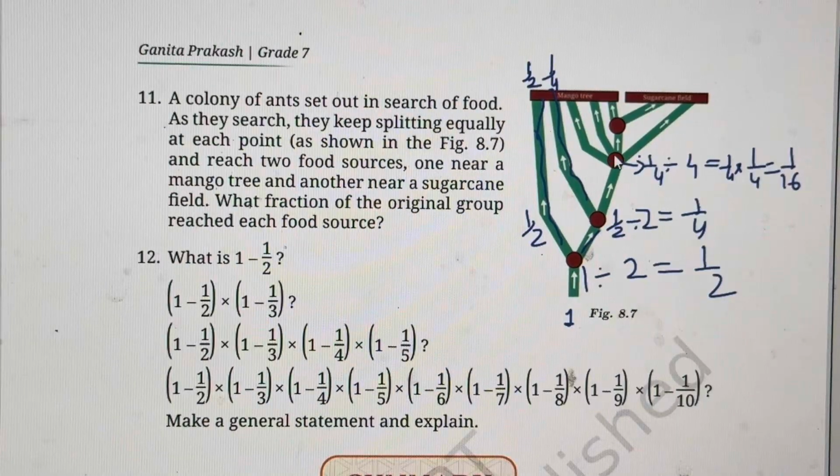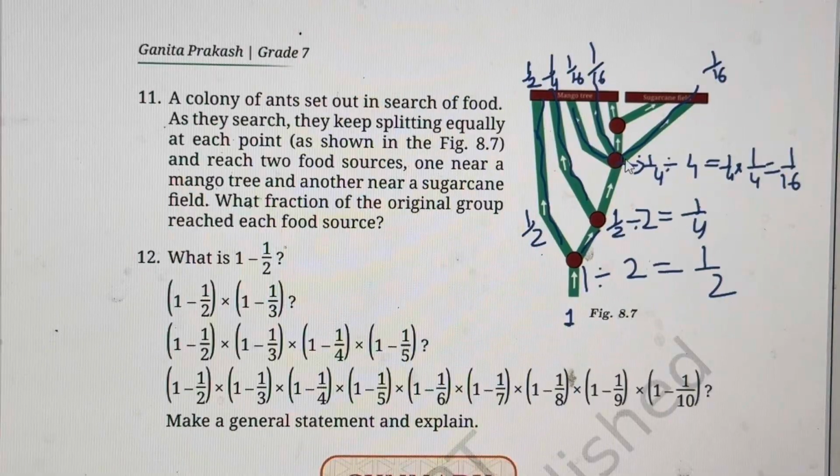So from here 1 upon 16, so this was 1/4. From here 1 upon 16th reached near the mango tree. And from here also 1 upon 16th reached. And from here also 1 upon 16th reached. This reached the sugarcane field.